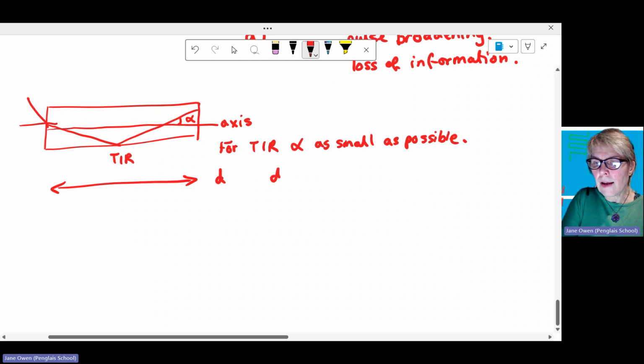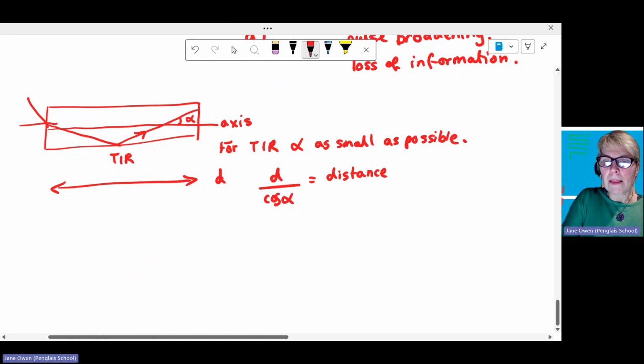And if we divide d by cos alpha, we get the distance down the fiber optic this path takes.